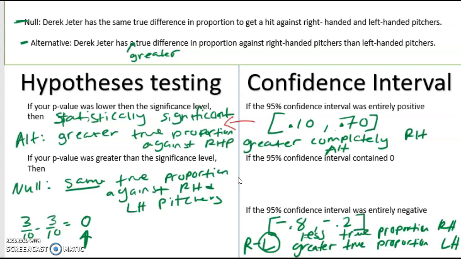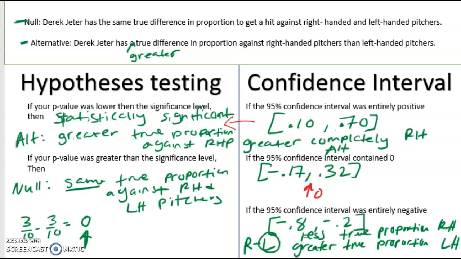So if our 95% confidence interval contains 0, meaning it goes from a negative value to a positive value, like negative 0.17 to positive 0.32, that means that within that interval, the value 0 exists. Well, what happens if the value 0 exists?